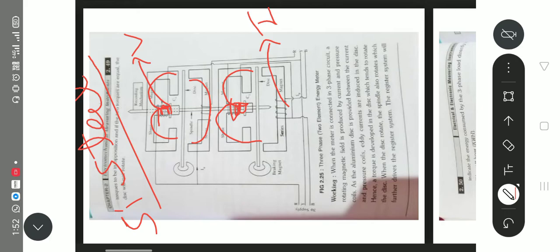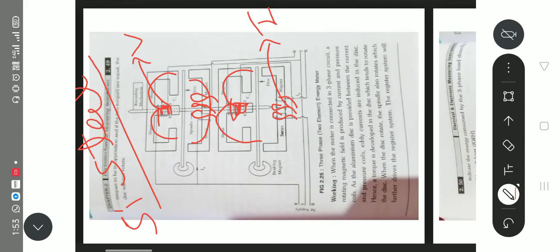Here the series magnets are connected to the current coil. This winding is the current coil. The two pressure coils are connected in parallel with the load, and the series magnets carry the current coil.